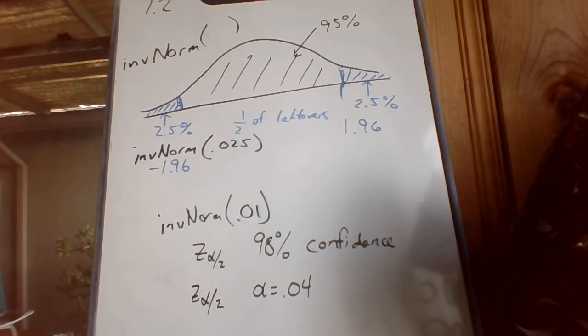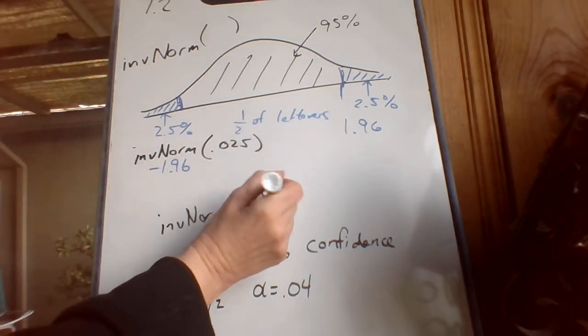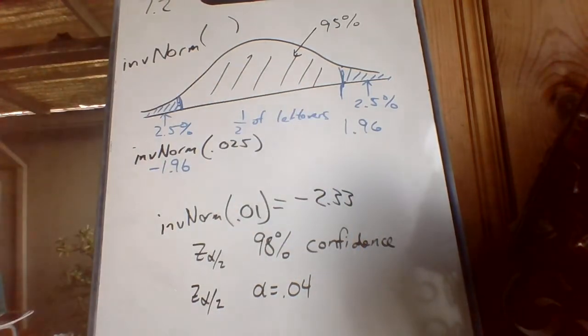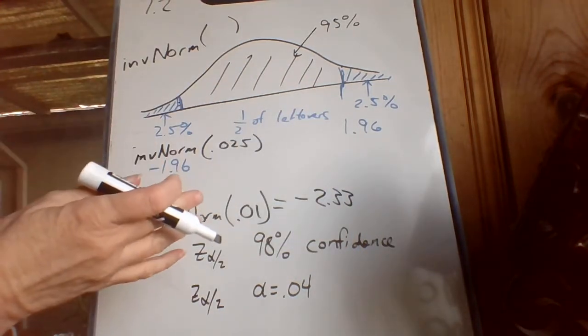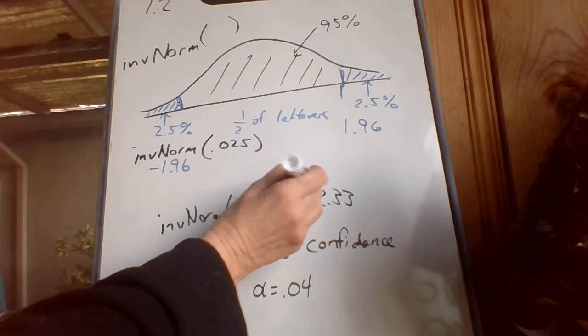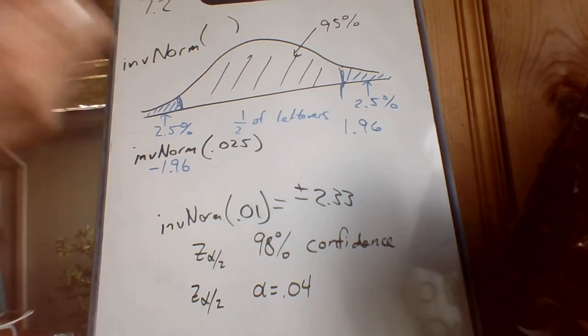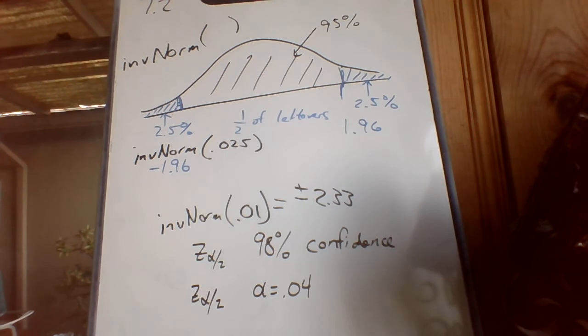Okay, I've just invNormed half the leftovers, and it gives me negative 2.3, I'll round up, negative 2.33. But then someone goes, wait, no, there's supposed to be 2 z-scores with this. That's okay. Plus and minus. All right, now I got 2 z-scores. That's all you have to do to have the other z-score, so I'm not going to bother trying to figure out how to put anything else in my calculator. I'm just going to do plus and minus once I get the negative version.